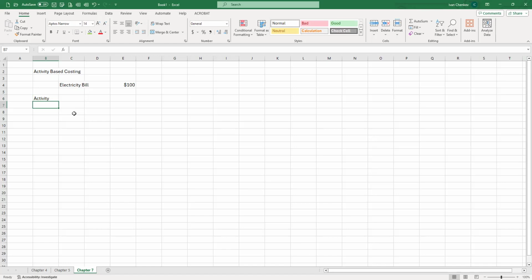The TV in the living room. TV usage, okay, what else? Light, okay. Computer usage. Internet usage. Fridge. Cooking, that means stove, right? Heater. What else?